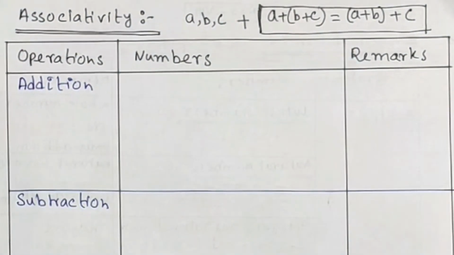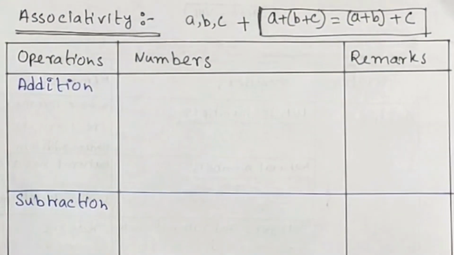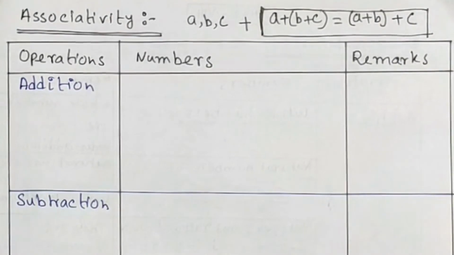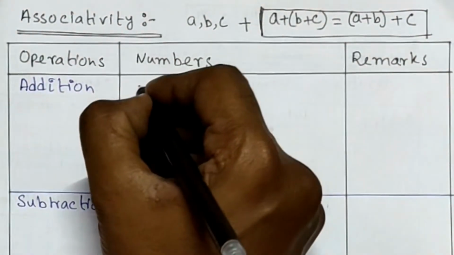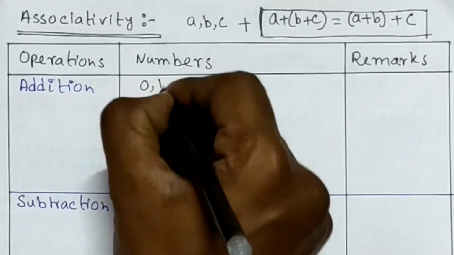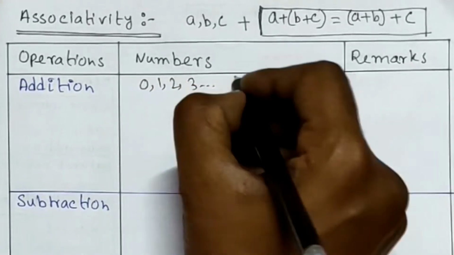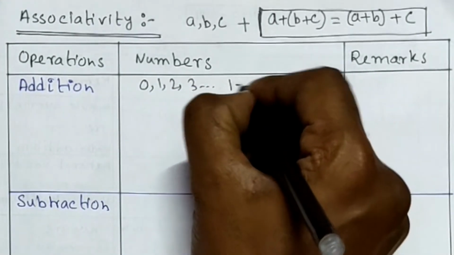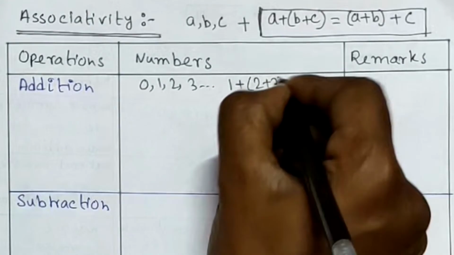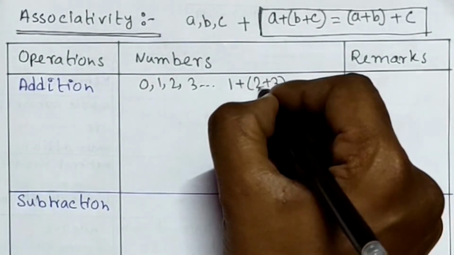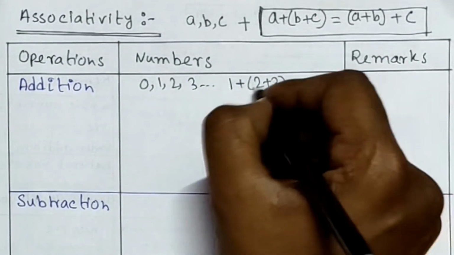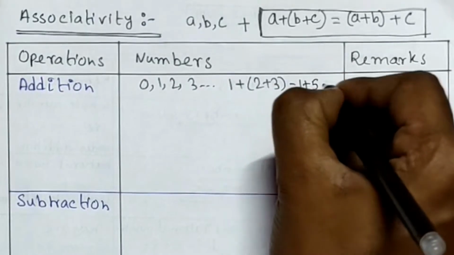Now we'll explain for different operations for different numbers. Suppose we are taking the whole numbers 0, 1, 2, 3, etc. For any three numbers, say 1 plus (2 plus 3): 2 plus 3 is 5, so 1 plus 5 gives us 6.